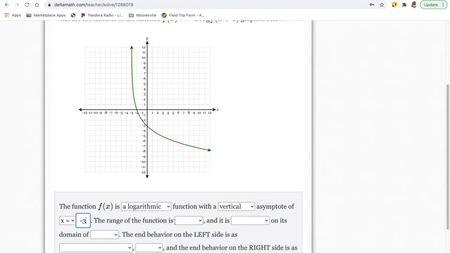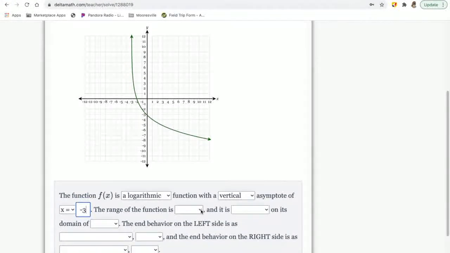The range of the function, remember range is up and down. Well, this range goes in a downward position forever and in an upward position forever. So it looks like the range of this function is all real numbers, so negative infinity to infinity. And is it increasing or decreasing? As we move from the left to the right, it looks like this is gradually decreasing.